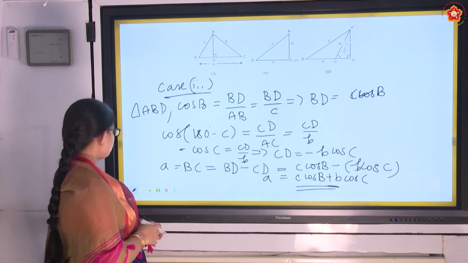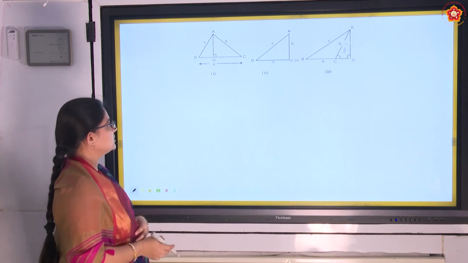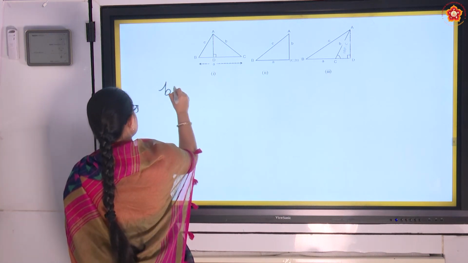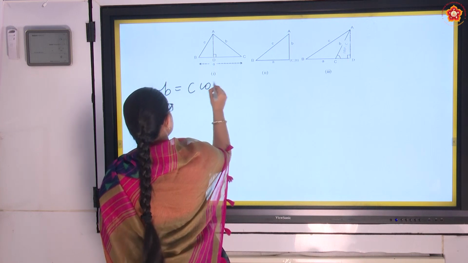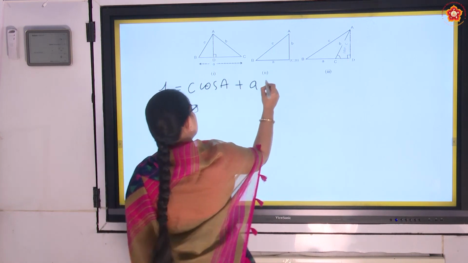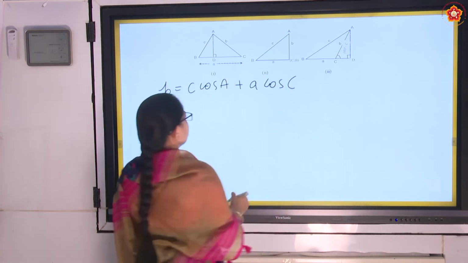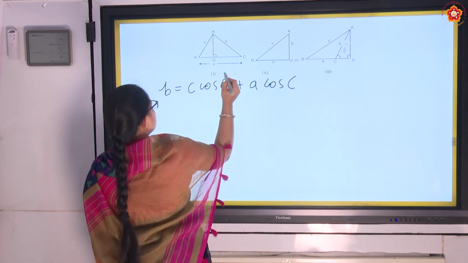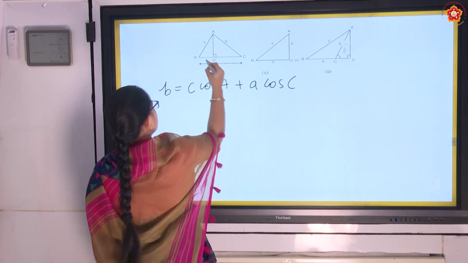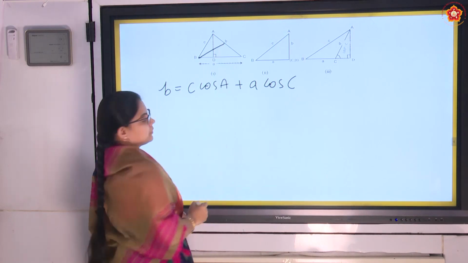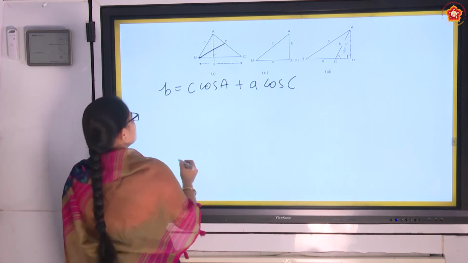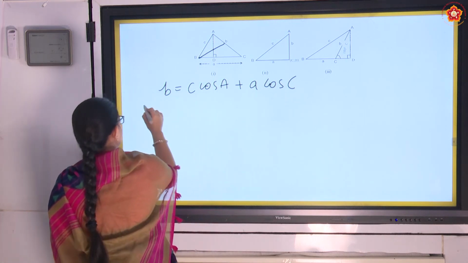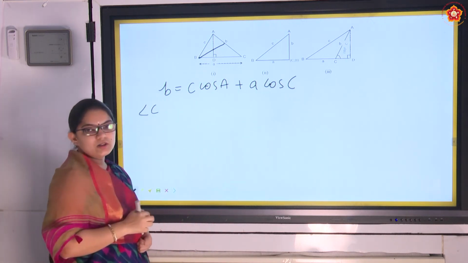Now, we can find out the other 2 projection formulas, that is B is equal to C cos A plus A cos C. By drawing the perpendicular from B and taking the condition for angle C for all the three cases.